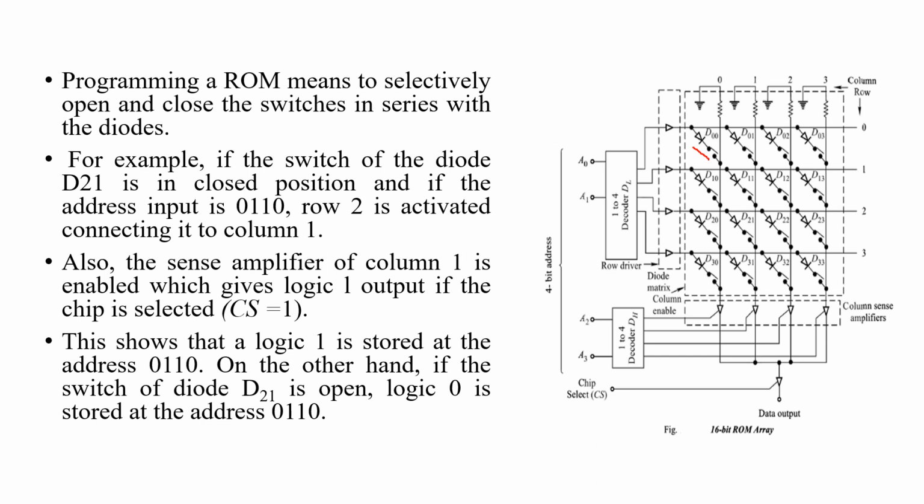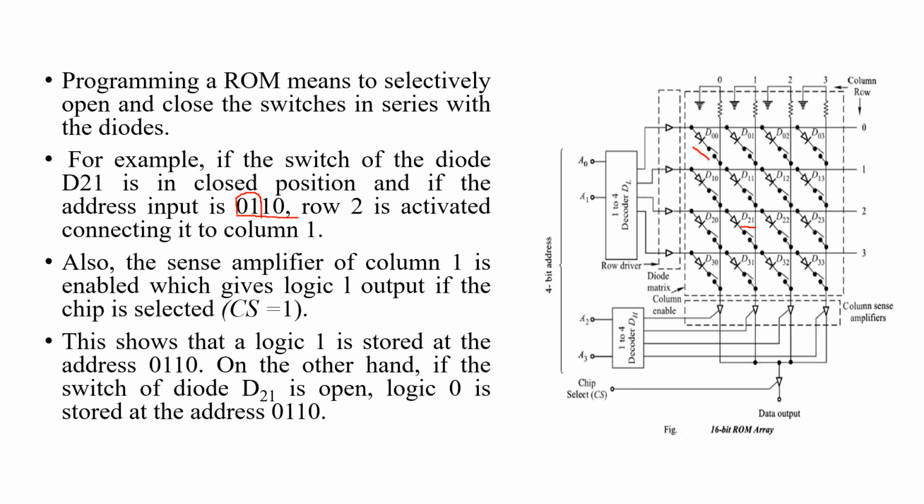For example, if the switch of the diode D21 is in the closed position, and if the address input is 0110, the first 2 bits are the upper bits A3, A2.